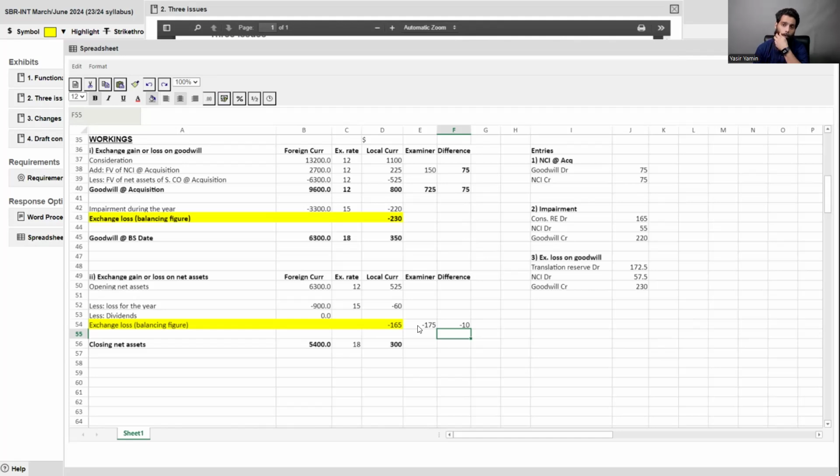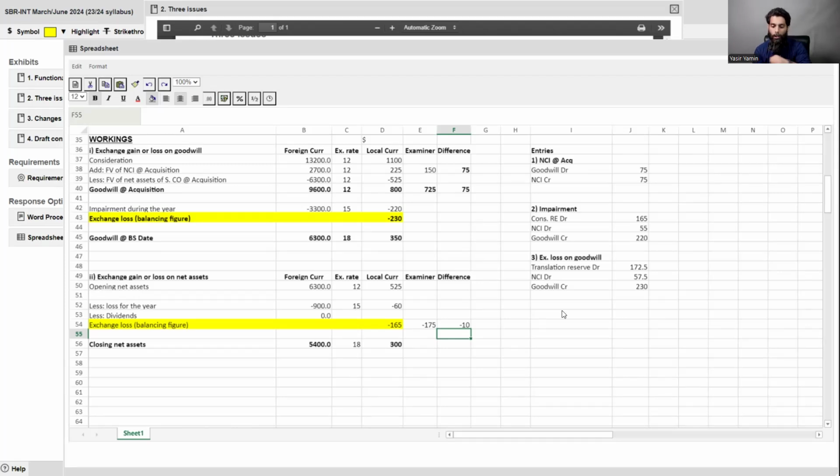So what you need to do is reduce this exchange loss. They have recognized a higher exchange loss of 175. We say that the exchange loss is only 165. You calculated 175 exchange loss because you used a wrong exchange rate to convert the loss for the year.